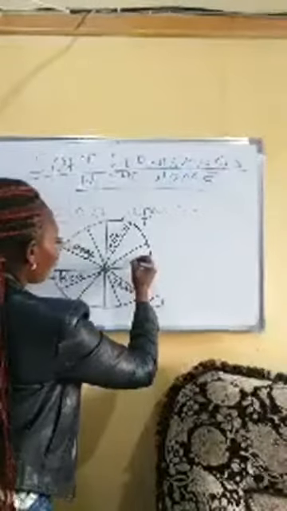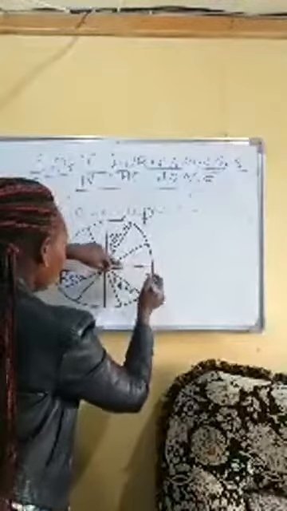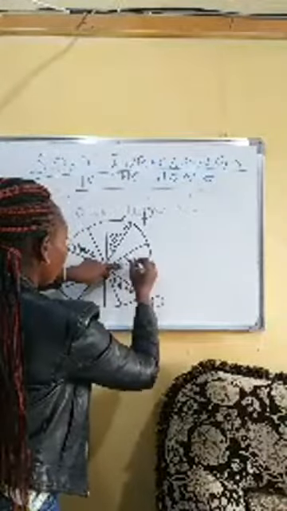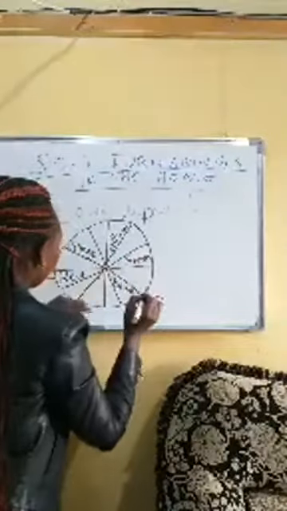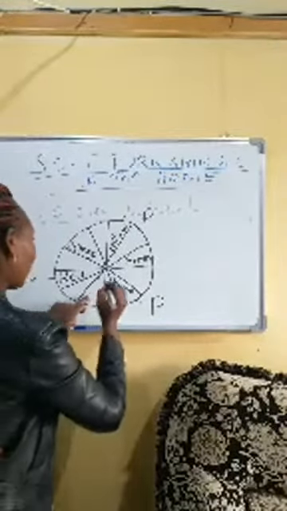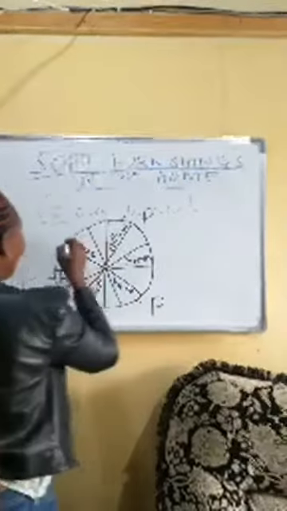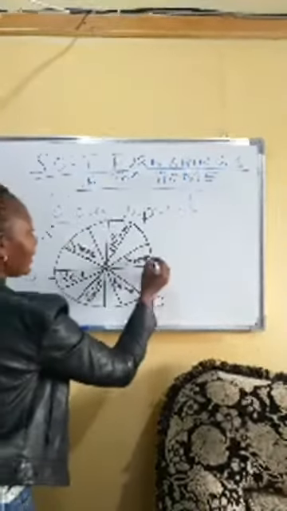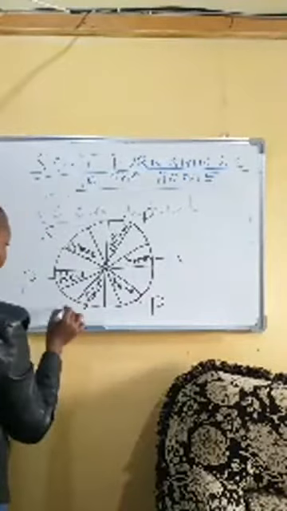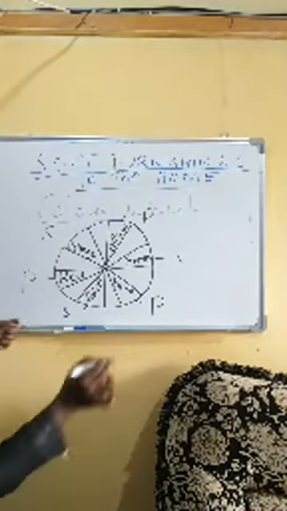Then we're going to have our green, yes, our green here. Then we are going to have our violet. So secondary, and secondary.